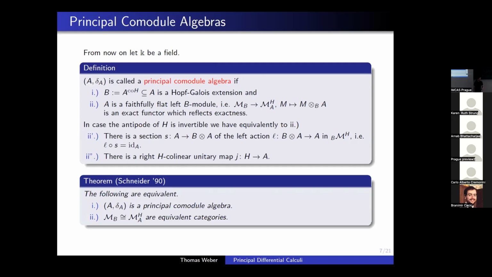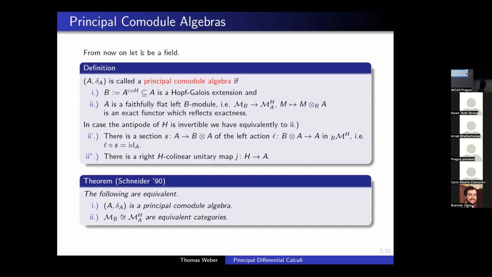Here, for some technical reason, I want K to be a field. So let K be a field. Then we are saying that a comodule algebra, A with coaction delta A, is a principal comodule algebra if the following two things hold. So if it is a Hopf-Galois extension, and if A is faithfully flat as a left B-module.